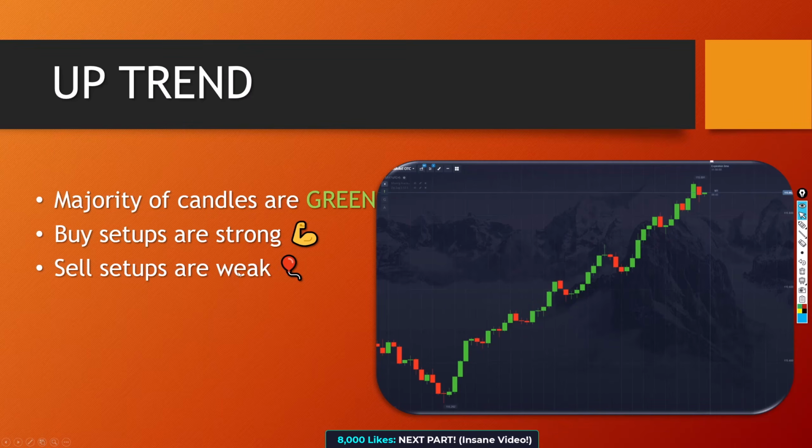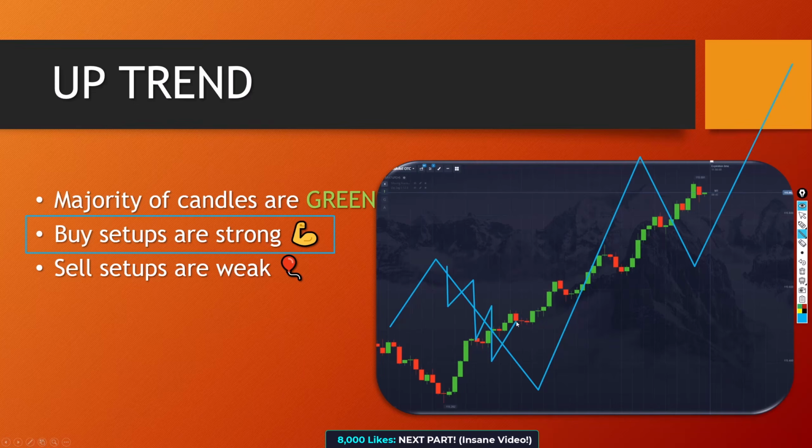Right? So the logical thing here to do is always go in the direction of the market. And the direction of the market is basically market's trend. Okay, direction is a general term. For example, we have this kind of market. The direction is upward, but we might have some downtrends inside of it.